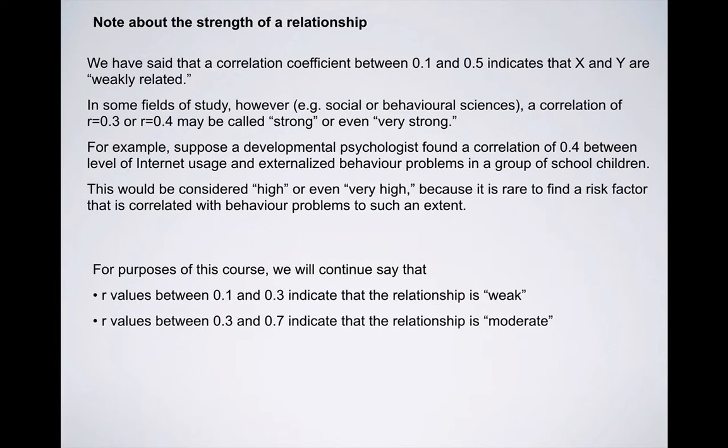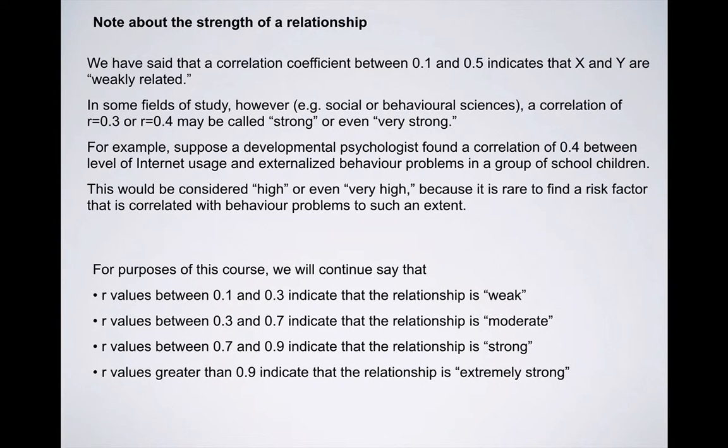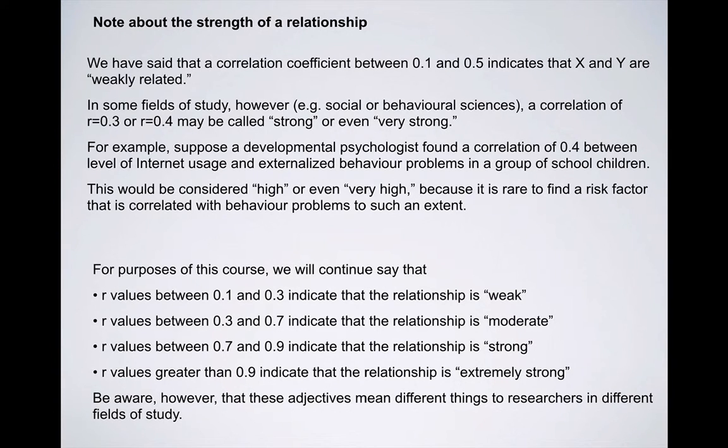Between 0.3 and 0.7, the relationship is moderate. Between 0.7 and 0.9, we're going to say that the relationship is strong, and anything greater than 0.9 is considered to be extremely strong. But be aware that these adjectives mean different things to different researchers in different fields of study.